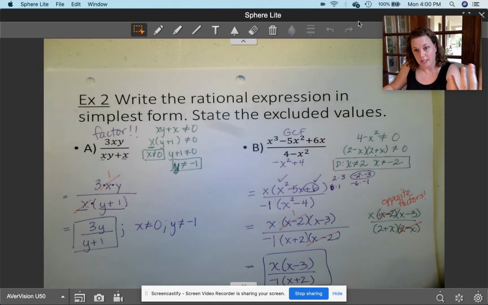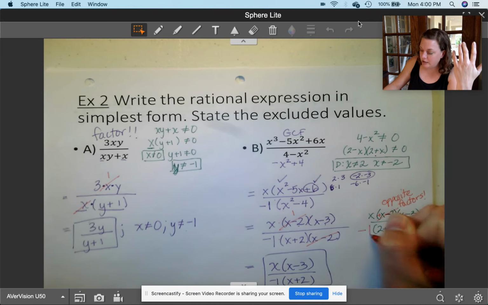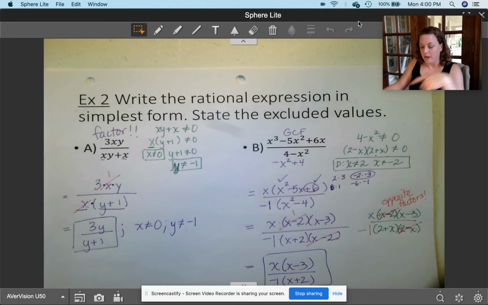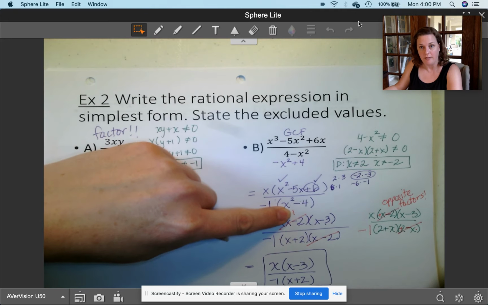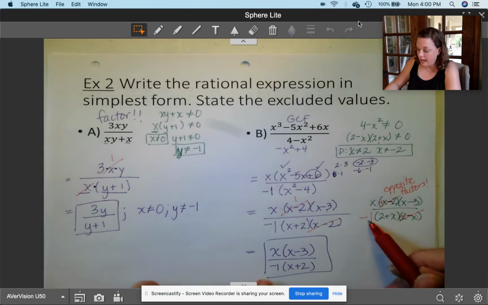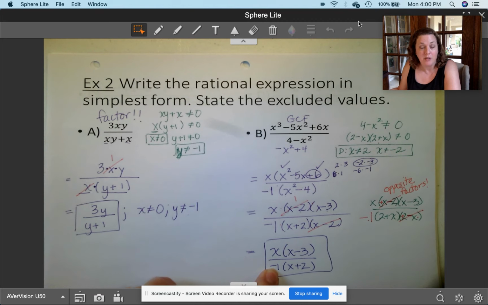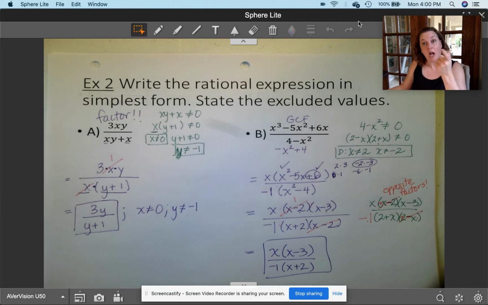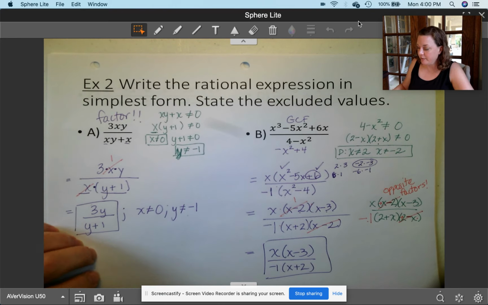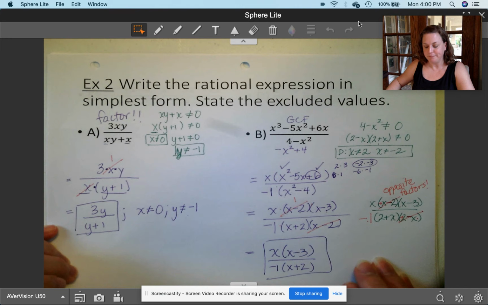They're opposite. So there's actually a negative 1 that gets left behind instead of a positive 1 left behind. And that's where that negative comes from and why it's there. Okay, it's because they were opposite factors. They weren't identical factors. So be very, very careful. It's a good thing to look out for.